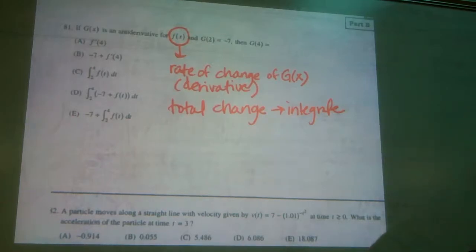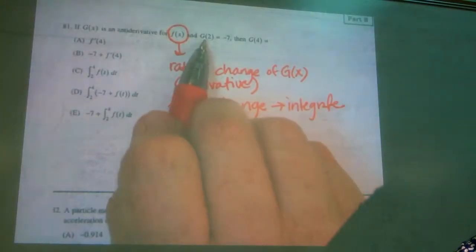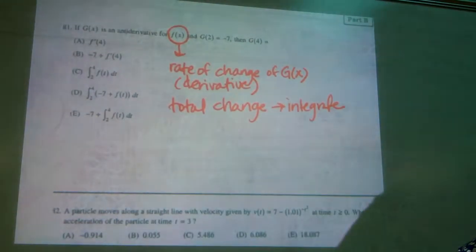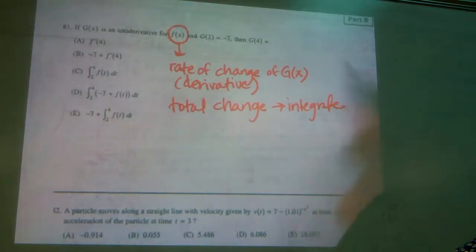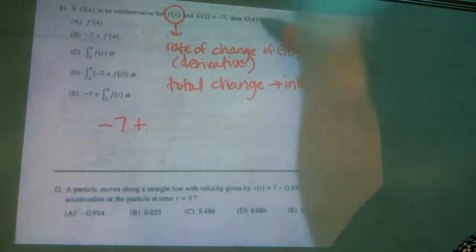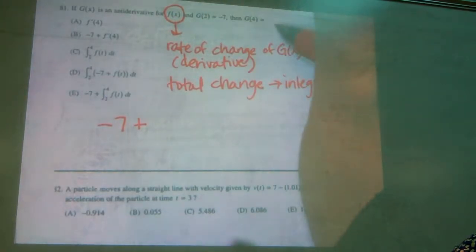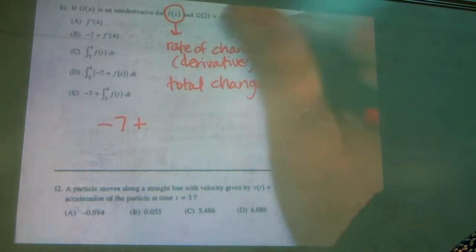An integral will tell you the total amount that something has changed if you know its rate of change. So this is telling me that at 2, g had a value of -7. If I want to know the value that g would have at 4, I've got to figure out how much it changed between 2 and 4 and add that to this value.